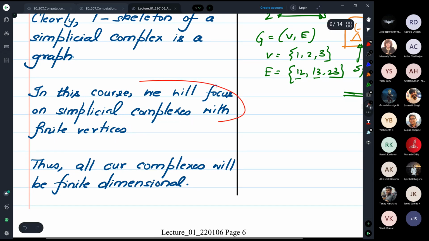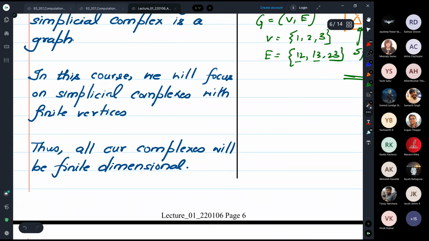In general, that is not required; you can also look at simplicial complexes on infinitely many vertices. However, this is an introductory course on computational topology, so our focus will be on simplicial complexes with finite vertices. Consequently, all our simplicial complexes will be finite dimensional.